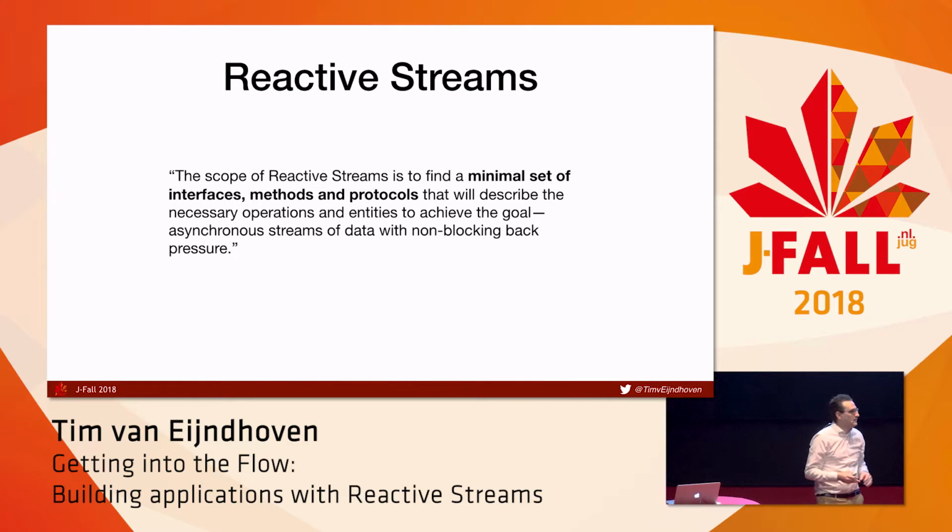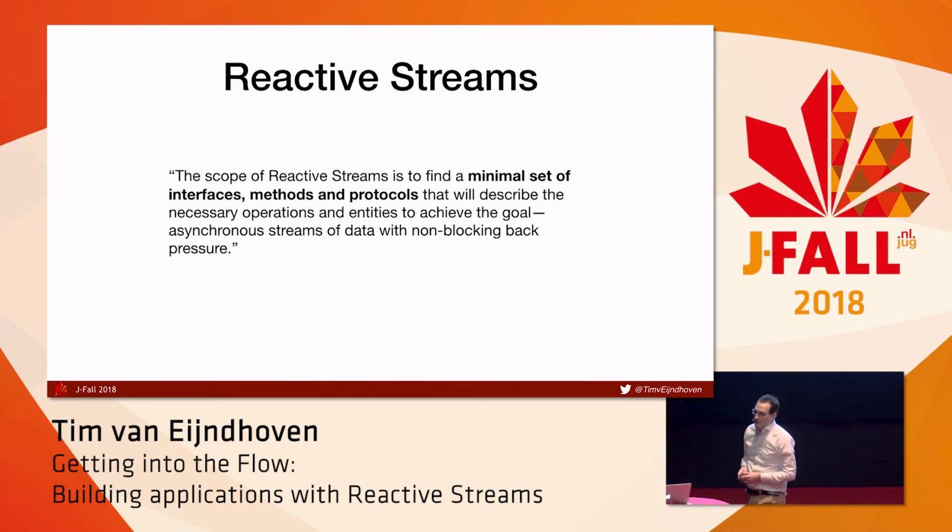So instead of trying to build this whole explicit standard, they decided on what is the minimal set of interfaces that we have to define in order to ensure that technology A can work with technology B in this both asynchronous and non-blocking back pressure supporting way.